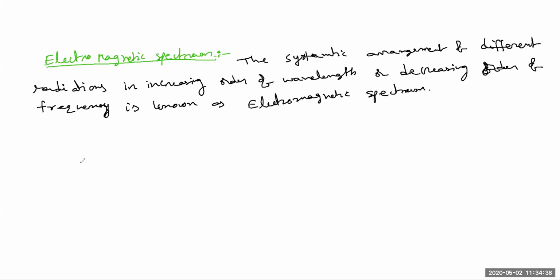So this starts from cosmic rays, which have the highest frequency. Next, gamma rays. Next, X-rays.